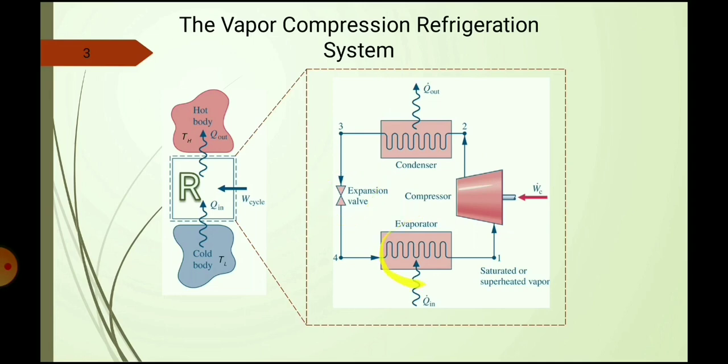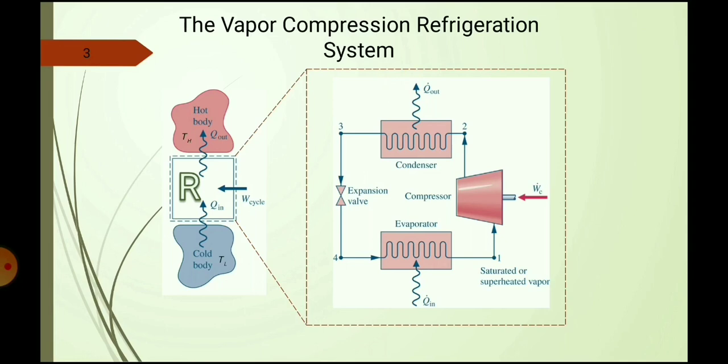The refrigerant in the evaporator basically absorbs the heat from the space where we have to produce the cooling effect, and the condenser basically rejects that heat from refrigerant to the environment, and then the cycle is repeated.